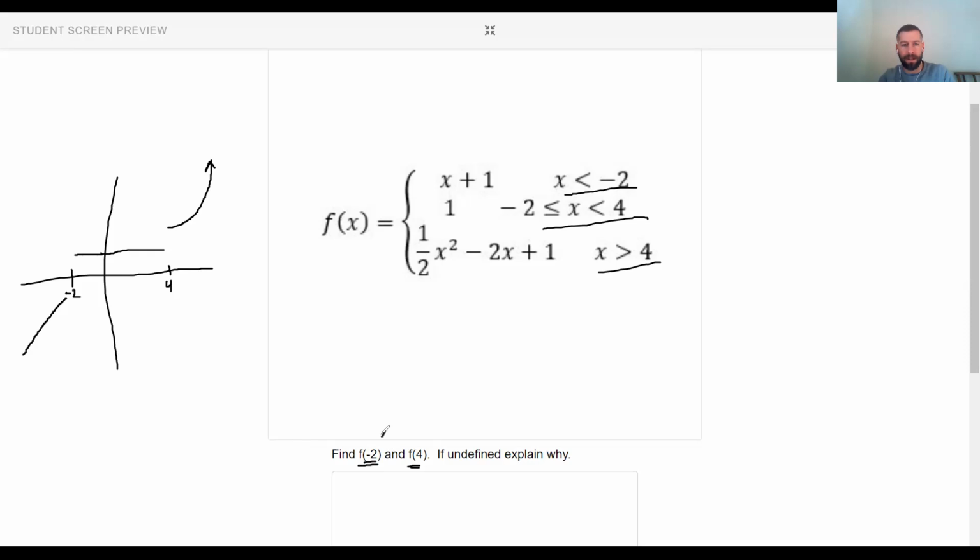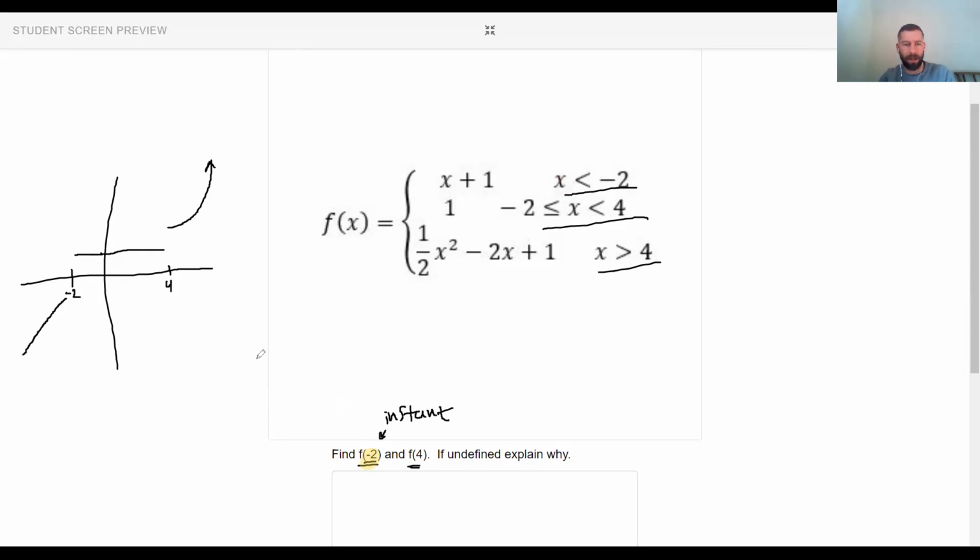Well, this would be at an instant. Literally, I'm just trying to figure out, if my value were -2, which function would I plug this into? Is -2 less than -2? No, it's not. So I'm definitely not going to plug it into that left one.